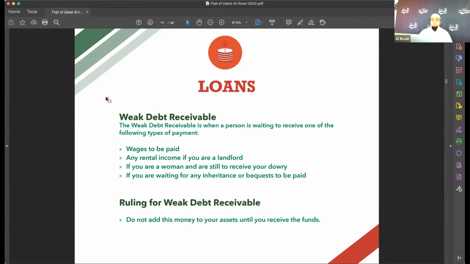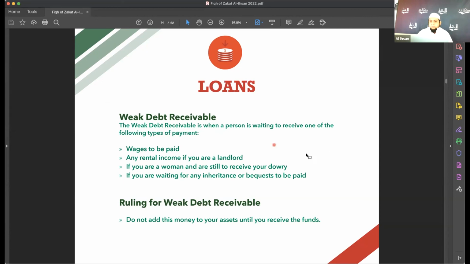It could be the dowry for a woman in the marriage that she is owed. So when you are owed money, but it's not because you gave money first that it's owed back to you, then zakat is not due on that. That's considered a weak debt. Once you get those funds, then you'll see when your zakat anniversary is, when the year ends. If you still have those amounts, you'll pay zakat on that amount at the end of the year.